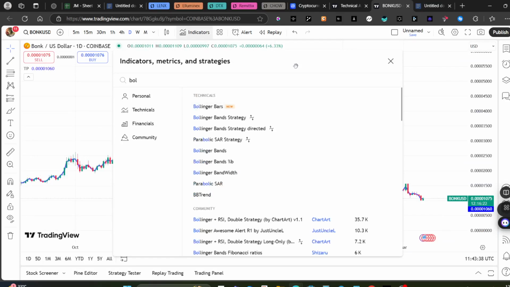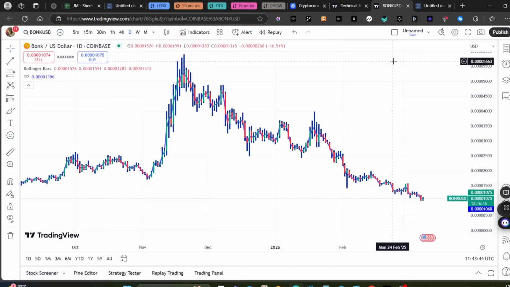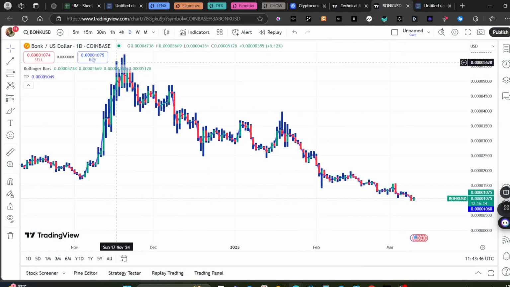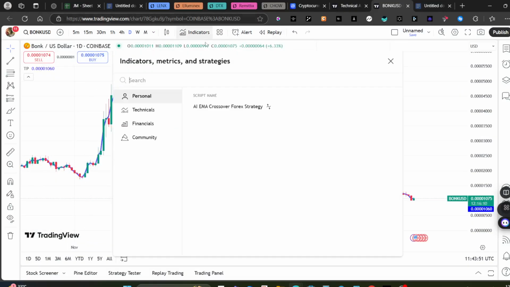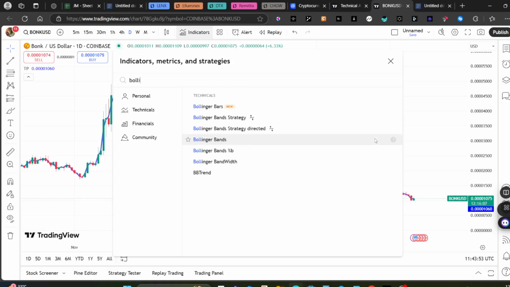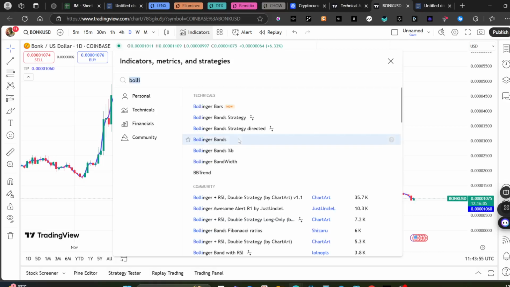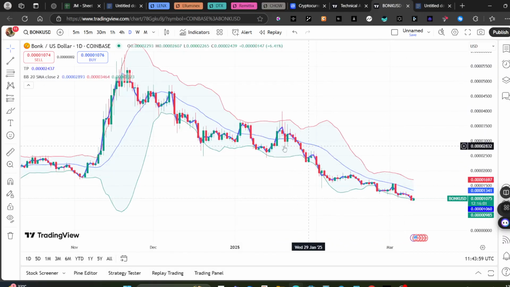Sorry, it should be Bollinger Bands, not Bollinger Bars. When combined with the Bollinger Bands, it helps spot overbought and oversold conditions based on the typical price.